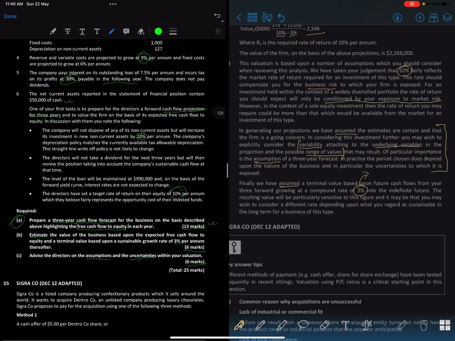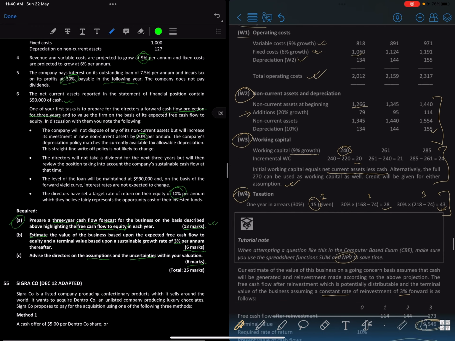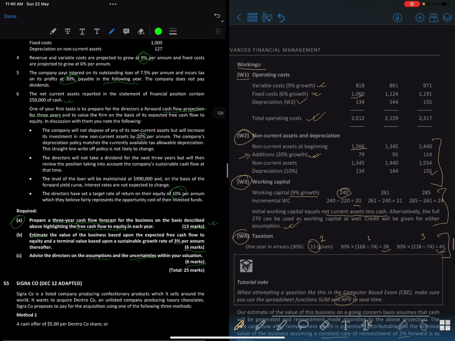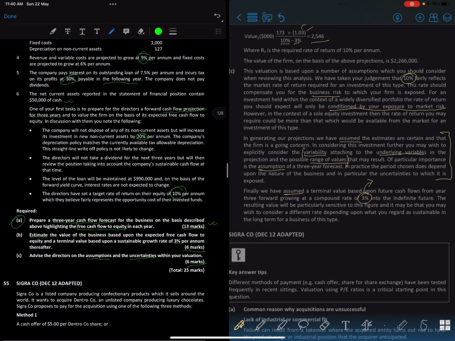And it's also subject to the assumptions that we are making. You see the depreciation, you might not always have the cash to add 20%, so it might not grow at 20% at a later stage when you've accumulated a lot of assets. Maybe they are a software design company, so you won't need to spend so much money every time. Every year you won't be buying a machine or computers, you might be buying in 2 years' time. So in other words, all these stories that I'm telling you are just trying to say there is variability attaching to the underlying variables.